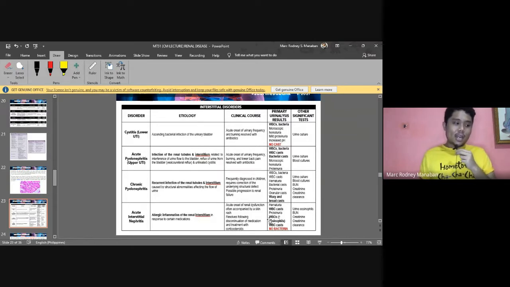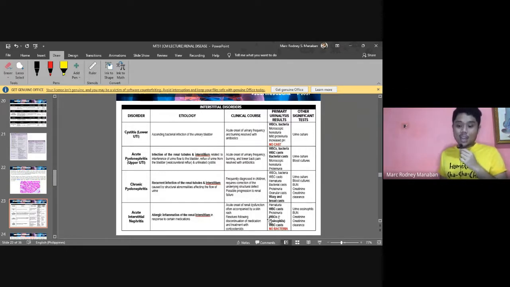But again, if it is a renal transplant, then of course further procedures are needed, or the patient takes other drugs to stop the reaction to the transplanted kidney. Now, for primary UA results, there are WBC casts. And in these WBCs, in acute interstitial nephritis, you have increased eosinophils.